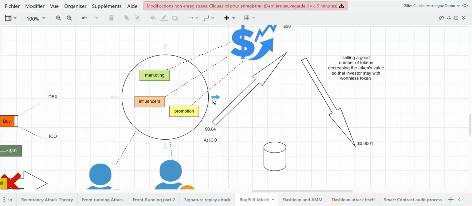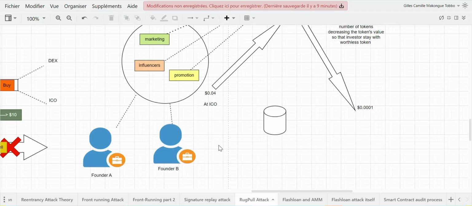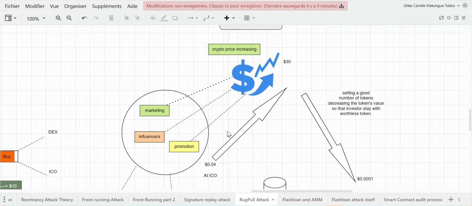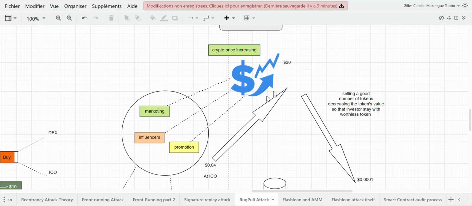They are going to take some influencers to talk about the project, and the result is that people are going to buy the project or the crypto, and then the price is going to go from 0.04 to $30. So that's what we call a pump. They are going to pump it from 0 to $30.